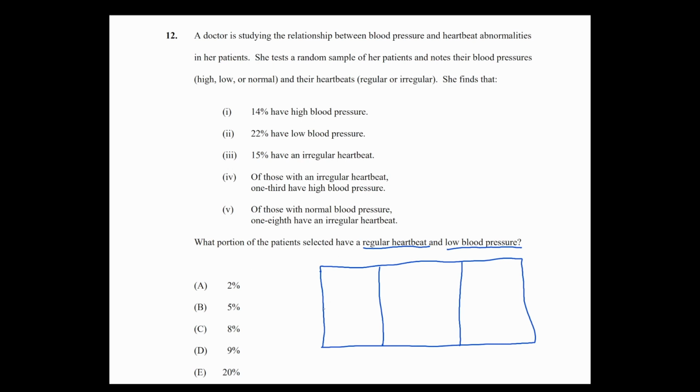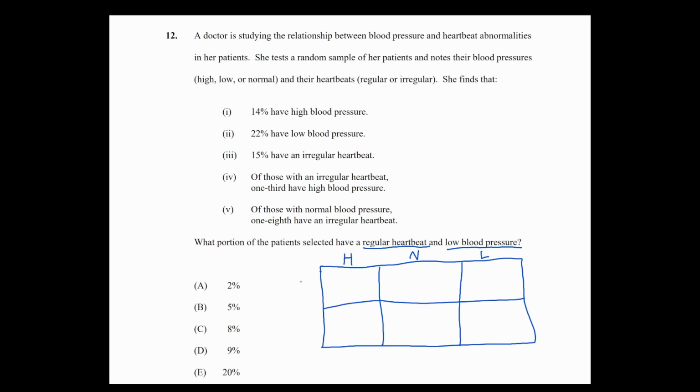I am going to denote this first column H for high blood pressure, the middle one N for normal blood pressure, and this last column L for low blood pressure.